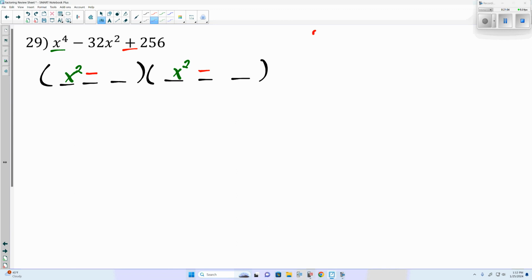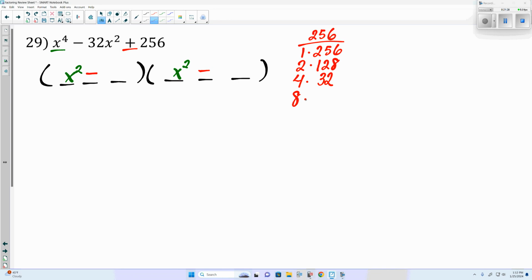Now, factors of 256. 1 and 256. 2 and 128. 3 does not work, but 4 and 64.